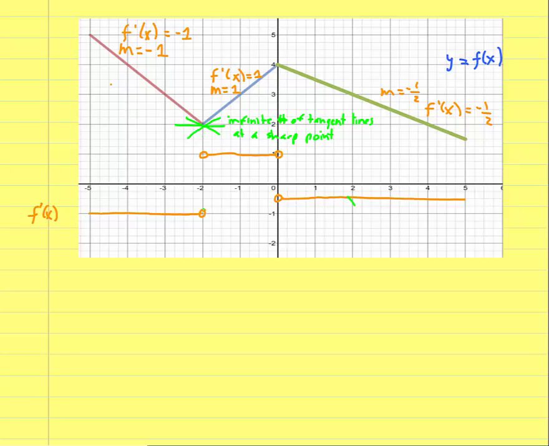So let's have a look at what's going on with -2. If we look at the limit as x approaches -2, let's approach -2 from the left and then the right. Oh, I'm sorry, I have the wrong graph here, f prime of x.